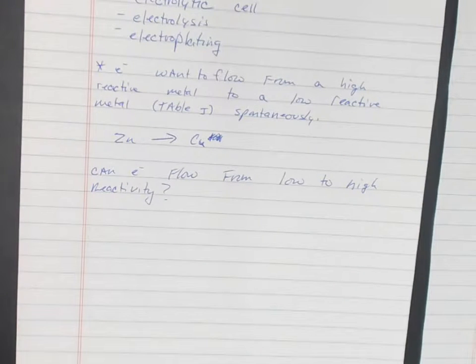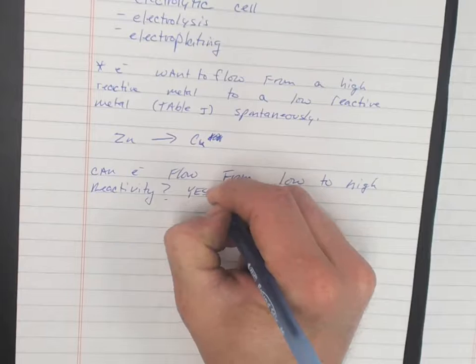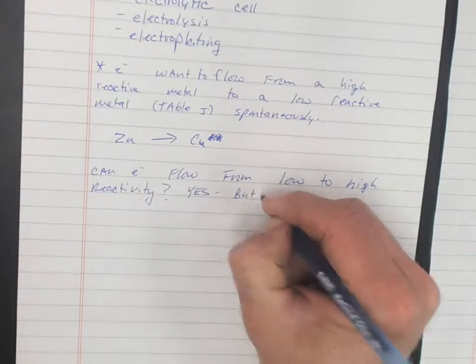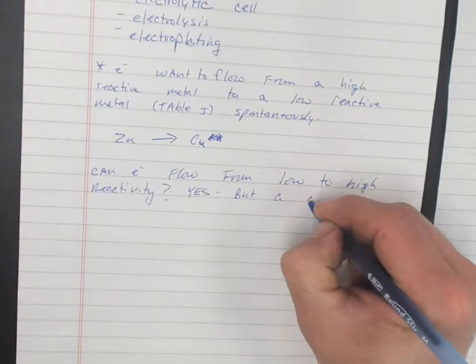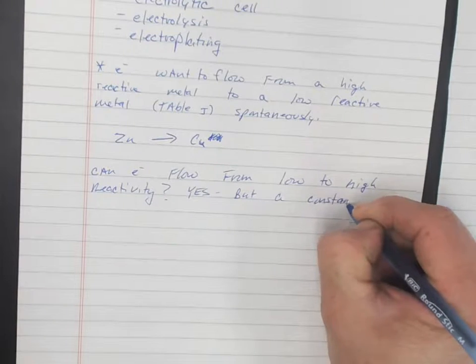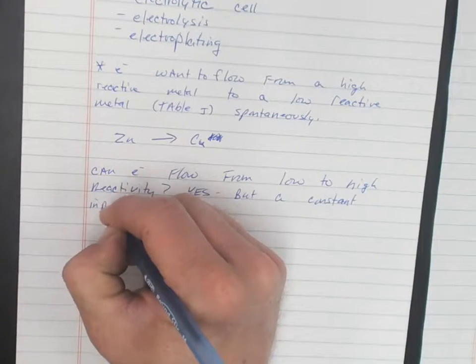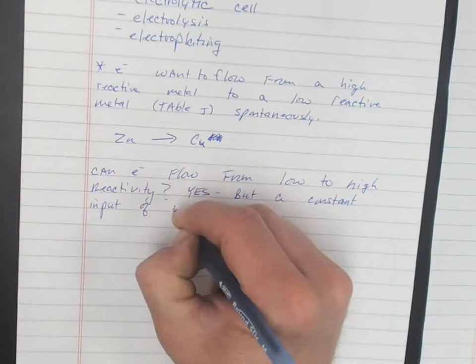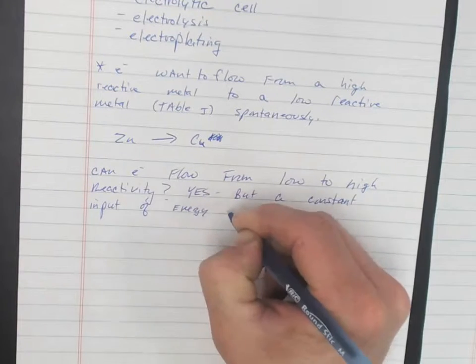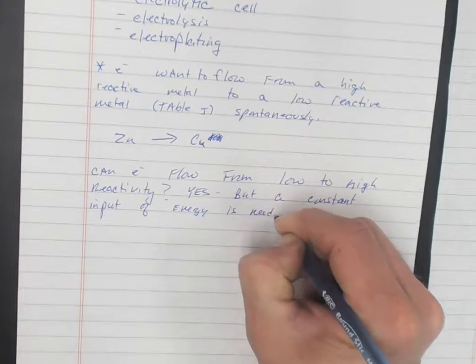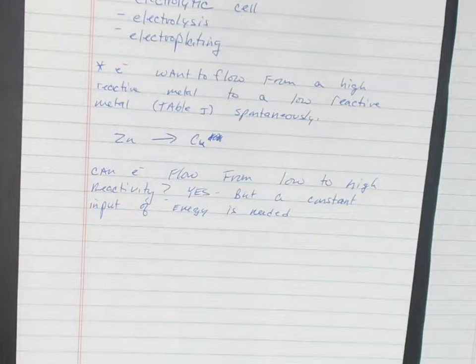If you want electrons to flow from low to high, you need to put in a constant input of energy. So the answer is yes, but a constant input of energy is needed.